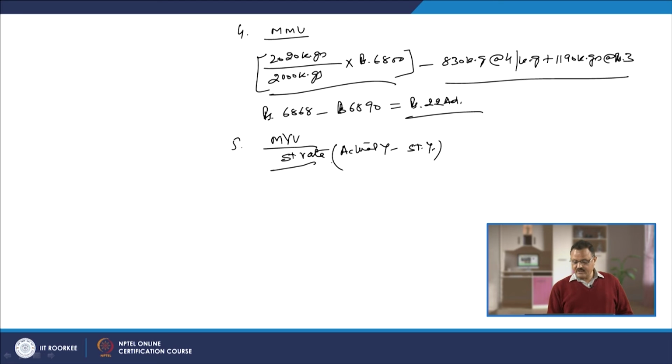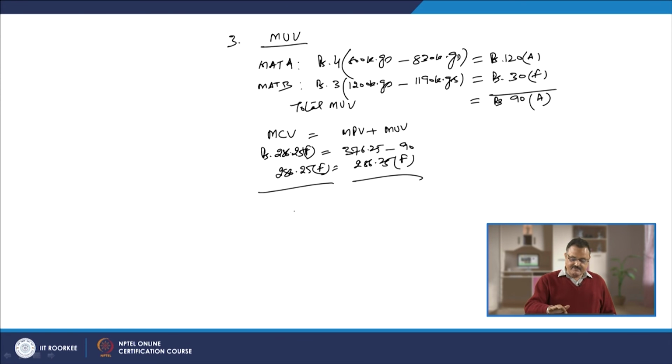So, you have to find out the standard rate and then the actual yield minus standard yield. To calculate this, you apply the standard rate first. What is the standard rate? I say it is rupees 4. How is it rupees 4? What is the standard cost? We have already calculated it in the previous sheets.